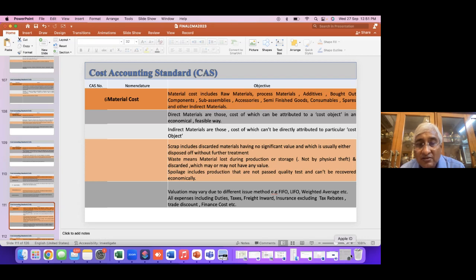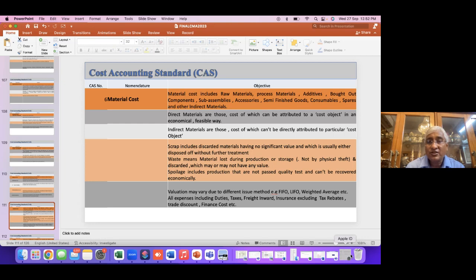And valuation is again due to different methods, because LIFO has some impact, FIFO has some impact, weighted average has some impact. So whatever method you are using, your inventory value is bound to change.